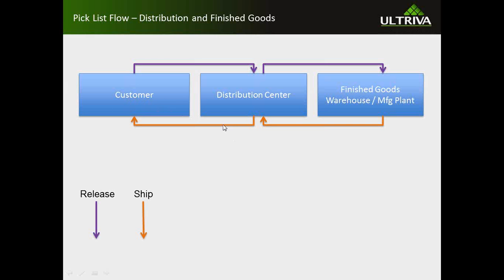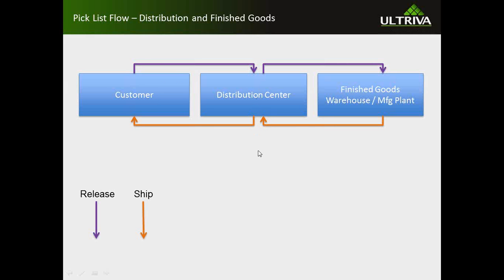So we want to have that entire pull system through the supply chain within your facility and outside the facility. You can extend the same pick list concept to create a loop between your customer and your distribution center, and then within your distribution center and your finished goods warehouse or your manufacturing plant.